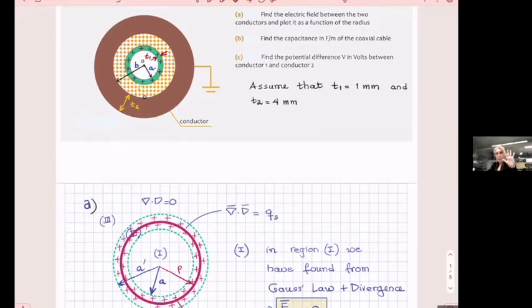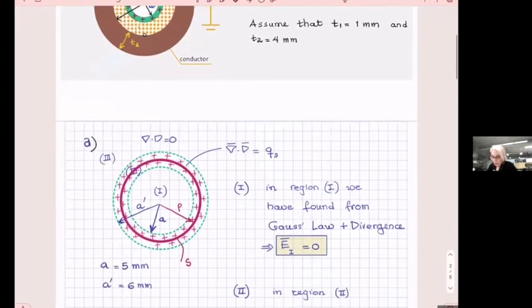These are the four categories where you can use Gauss's law. For anything else that does not have those symmetries, you cannot use it, and you go to Coulomb's law. But in this case, we can use Gauss's law, right?